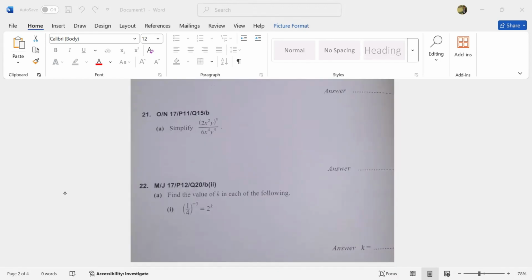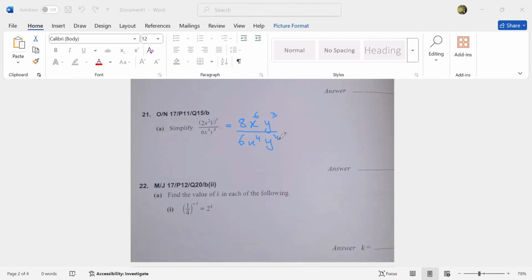Here we have to simplify. Remember, these all are paper 1 questions. Now, here the bracket is only on the numerator. So 2 cube is 8, x multiplying the power, 2 3s are 6. y has an invisible 1 as power, so 1 into 3 is 3. Copying down the denominator.